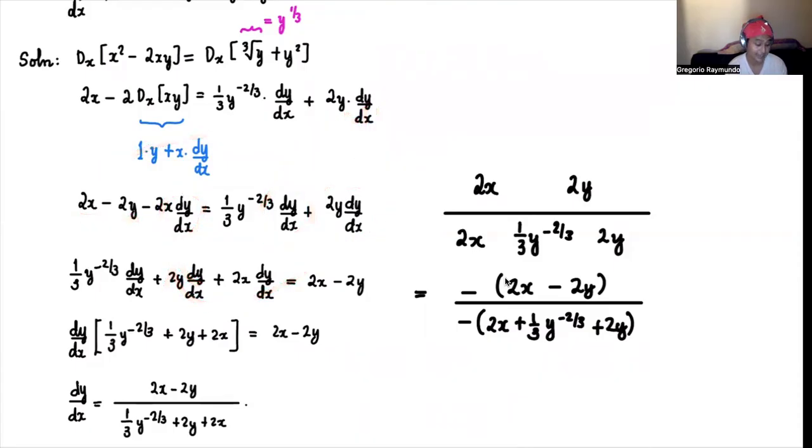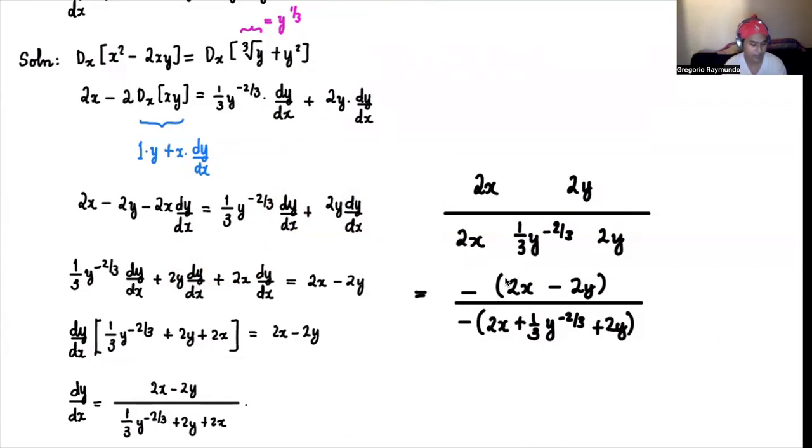Yun yung goal talaga natin kasi gusto mo lahat ng mga to magkakasama sa isang side. Most of the time, sa left-hand side, kasi magdi-divide tayo. Kapag nasa proper place na sila, you just adopt the sign that they have. Pero pag wala sila sa proper place nila, yung kabaliktaran ng sign ang gagamitin niyo.